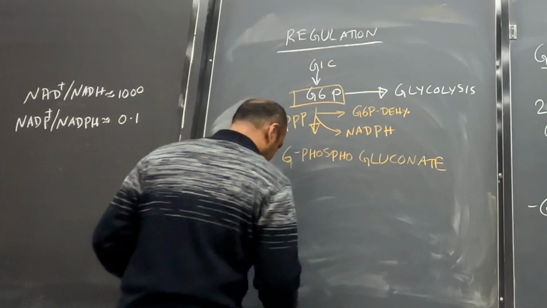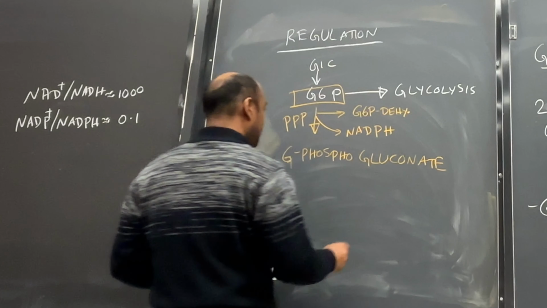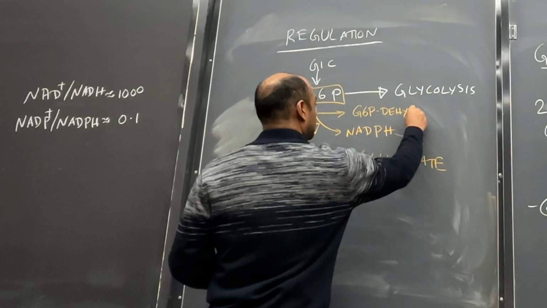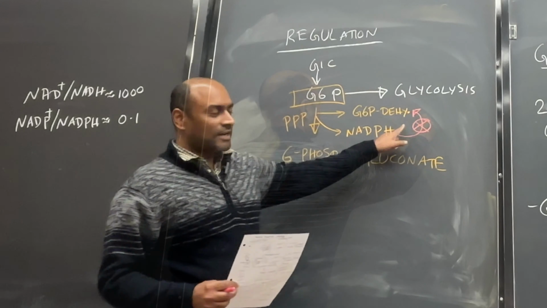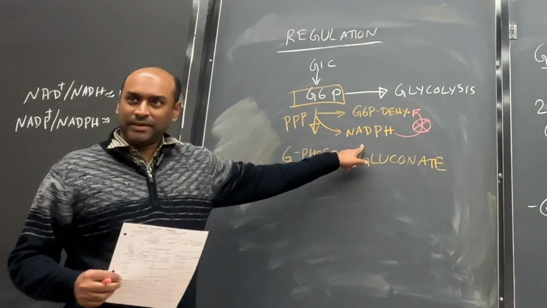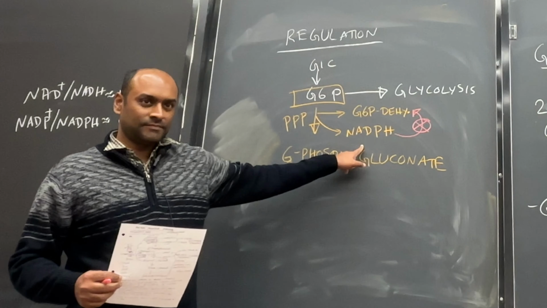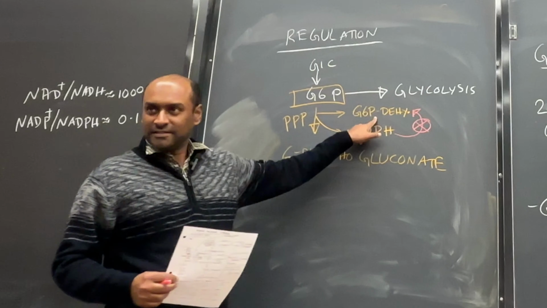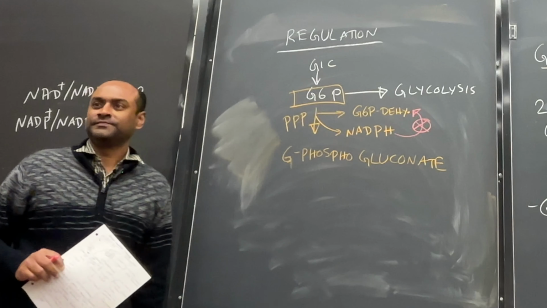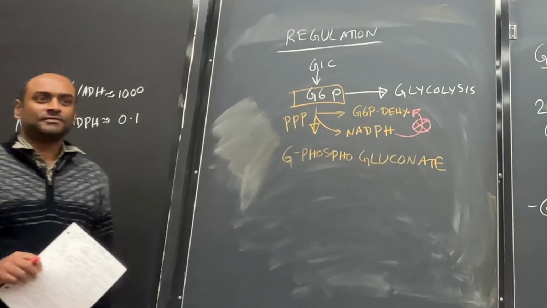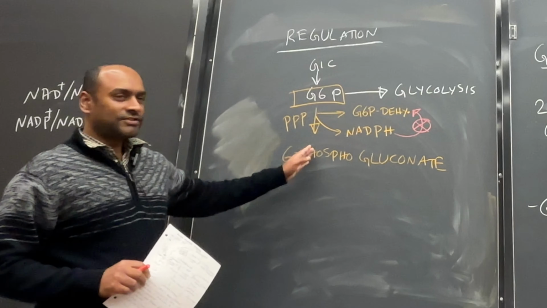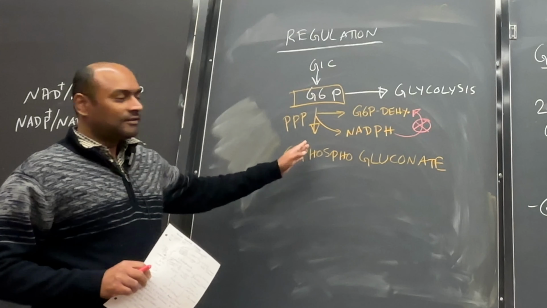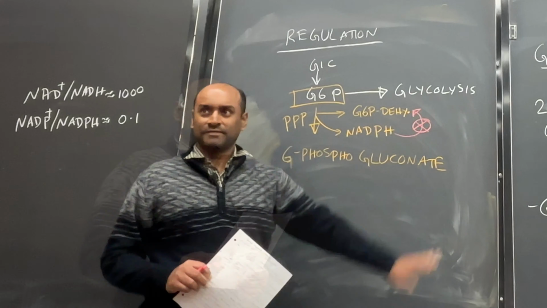So NADPH is a feedback inhibitor for G6P dehydrogenase. What it means, if we have a high enough NADPH concentration, then this NADPH is going to inhibit G6P dehydrogenase to stop the pentose phosphate pathway, but promote glycolysis.